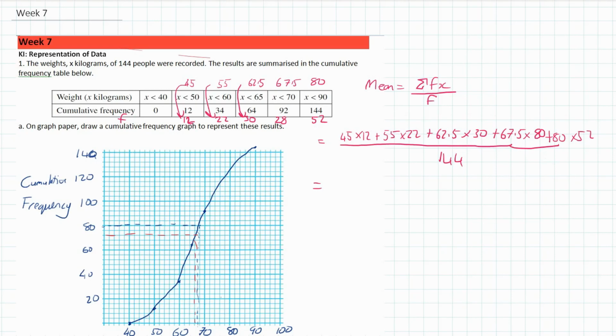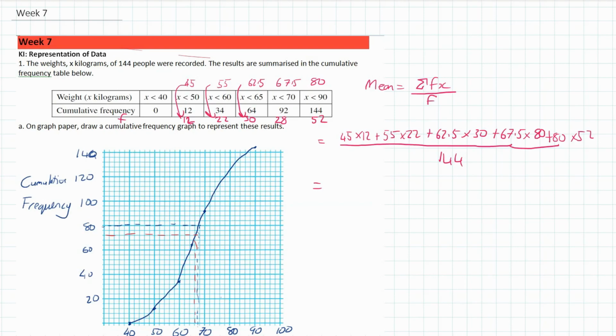I'm just going to quickly do that now. 45 times 12 plus 55 times 22 plus 62.5 times 30 plus 67.5 times 28 plus 80 times 52, all over 144.